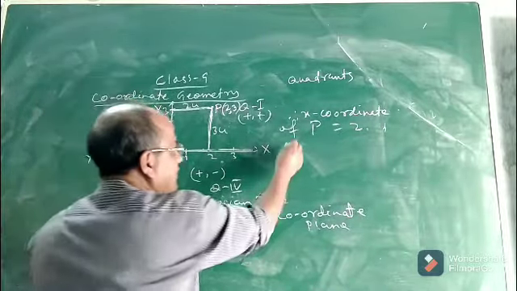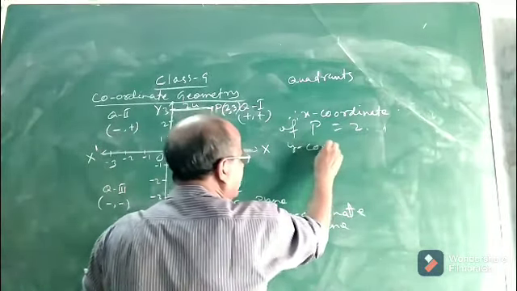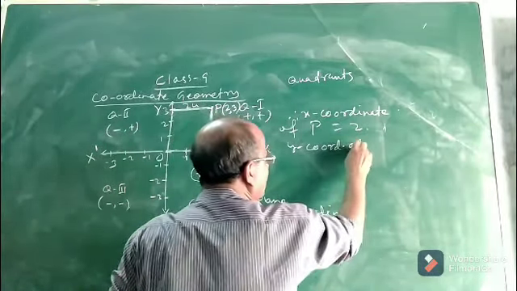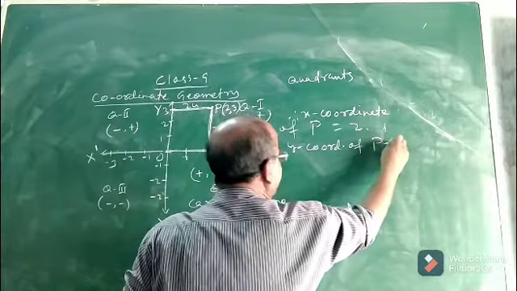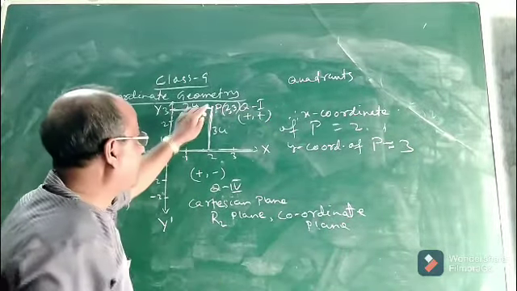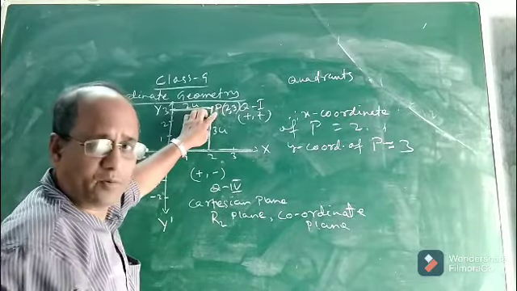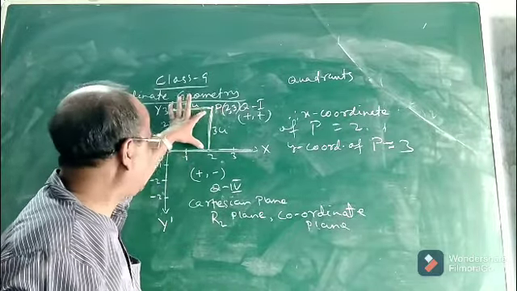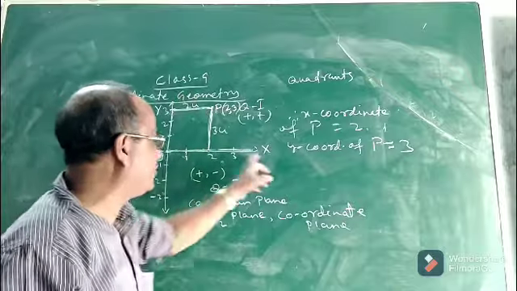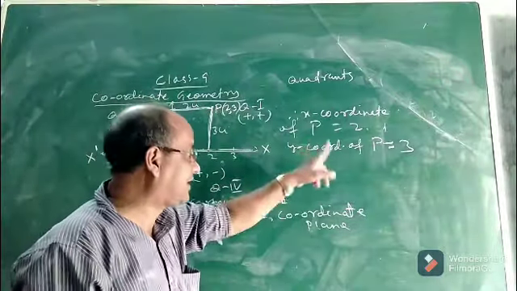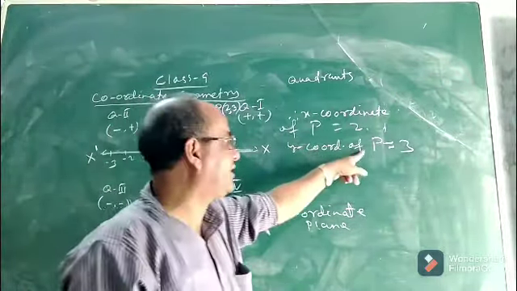Okay. Now, if I ask you what is the y coordinate of P, the answer will be 3. Why is the y coordinate of point P 3? Because the point P is at a distance of 3 units from which axis? From the x-axis. So that is the reason why the y coordinate of P is 3.